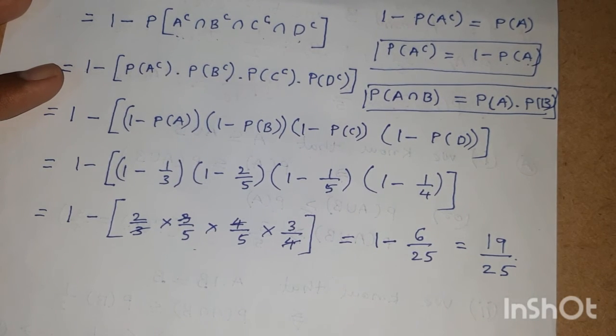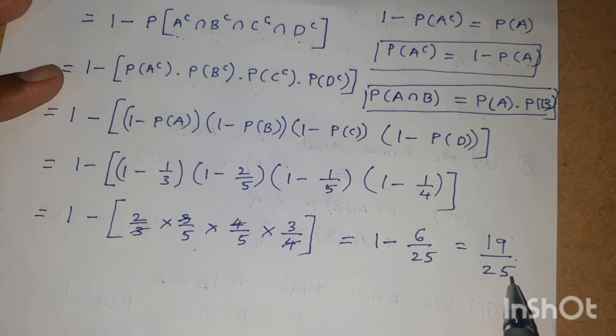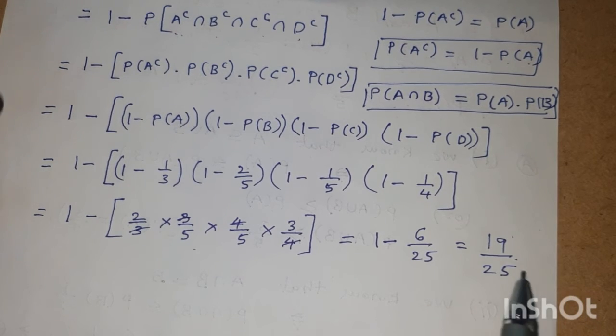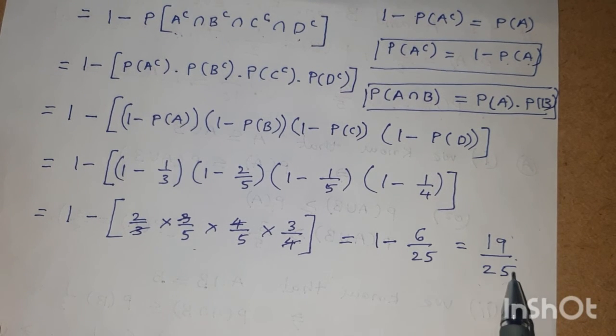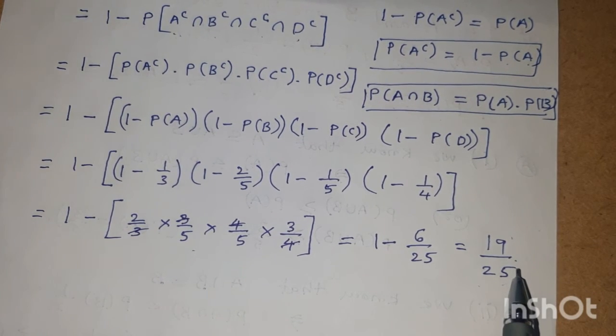Therefore there is no guarantee that the problem is solved 100%, because it is not 1. If its value is 1, then the problem will be definitely solved. But since its value is less than 1, there is no guarantee.